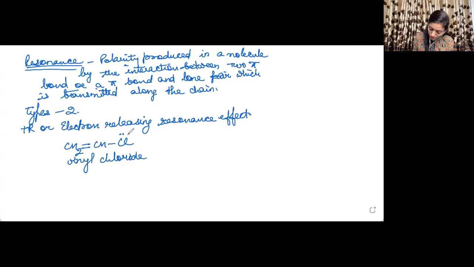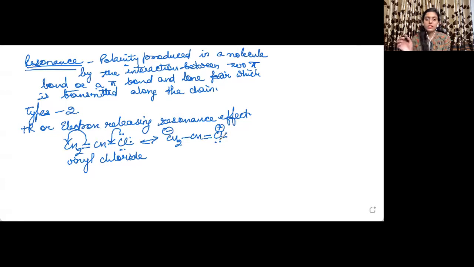Now this chlorine atom has 3 lone pairs. What is the distance between the double bond and lone pair? It is 1 bond distance, so it is in conjugation. So the lone pairs can move into the orbitals of the next carbon, and they will be pushed to the next carbon. So now CH2, CH, double bond, Cl: Cl will carry a positive charge and this carbon will carry a negative charge.